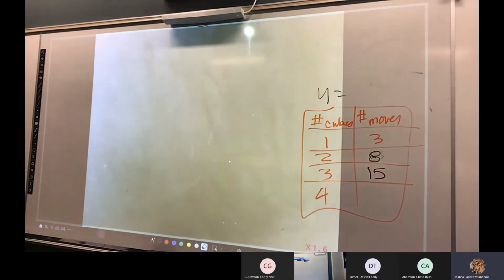I'm looking for the rule. Keep them alternating. What needs to be next to that green one? A red. 7.